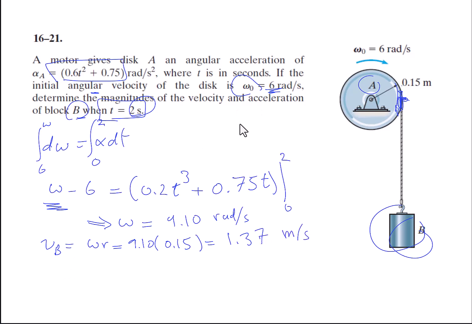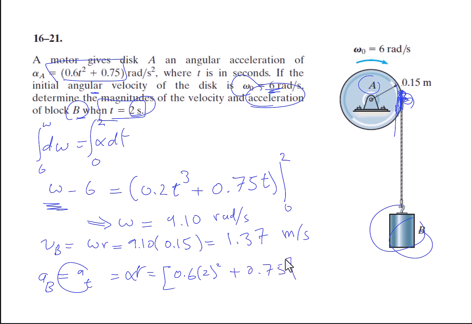And the acceleration of body P, which is the acceleration of this point on the disk, is the tangential acceleration, which is alpha r, given by 0.6 t squared plus 0.75 times 0.15, and this would be 0.472 meters per second squared.